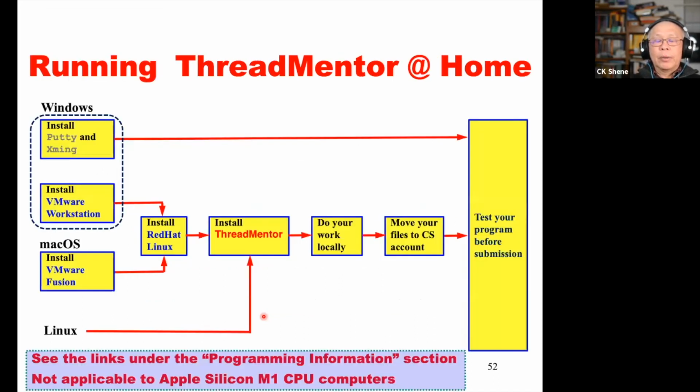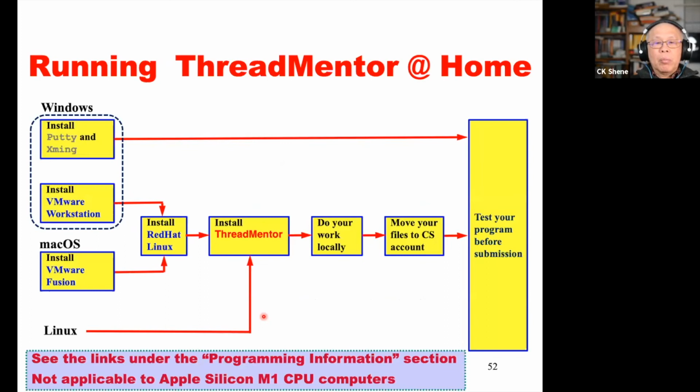And finally, due to COVID-19, most of you may not work in the CS lab. So the next question is, what should I do if I work at home? That depends on which system you use.